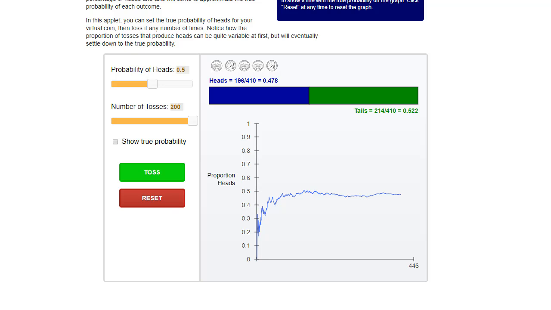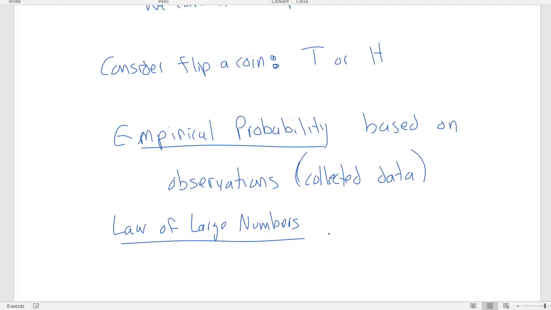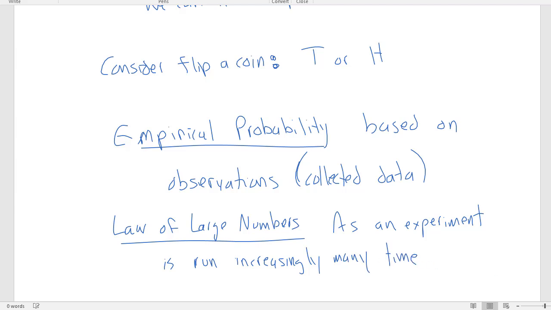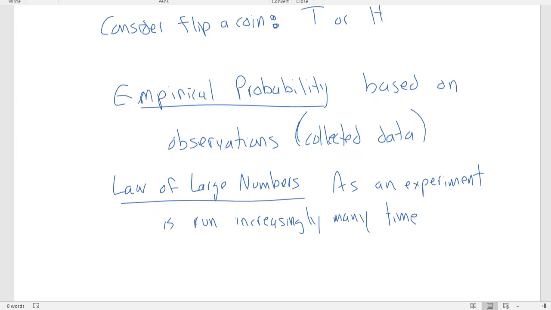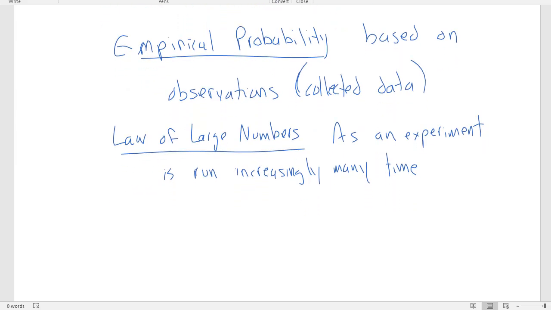So the law of large numbers says, as an experiment is run multiple number of times, right? So let's say this. Let's say as an experiment is run increasingly many times, the empirical probability approaches the theoretical.